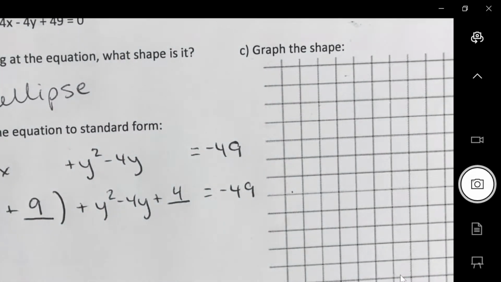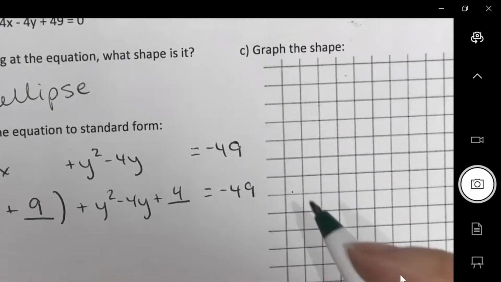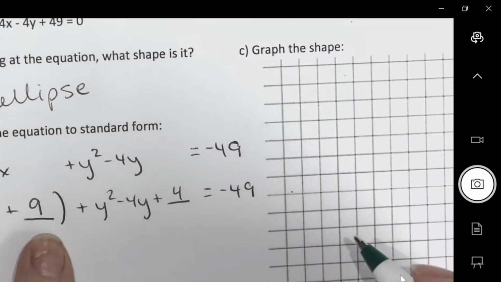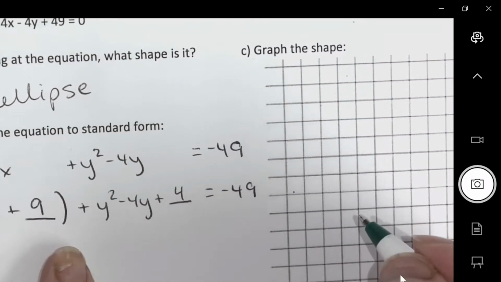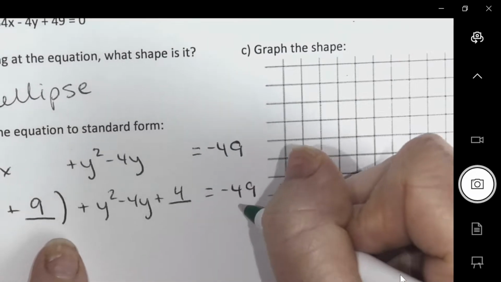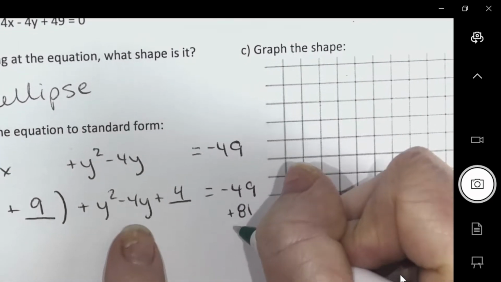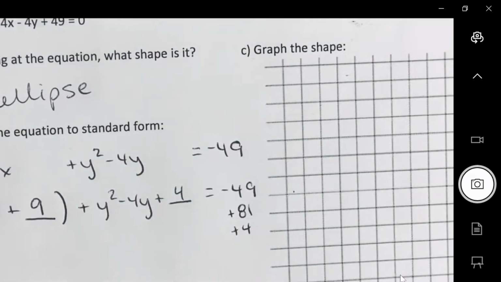Is that what we got? And what is the balancing numbers? This first one is actually an 81. And then a 4. Okay, do you see why it's 81?